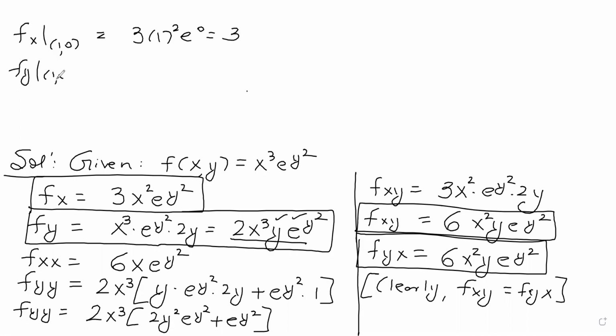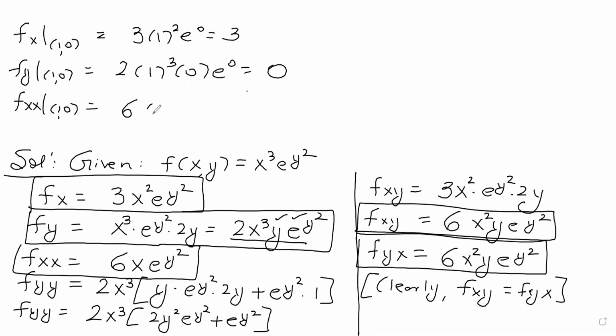Fy at 1, 0 will be 2 times 1 cube into 0 e to the power 0 square, which is 0. Then we have fxx at 1, 0. Put 1, 0 here. So we get 6 into 1 into e to the power 0, which is 6.